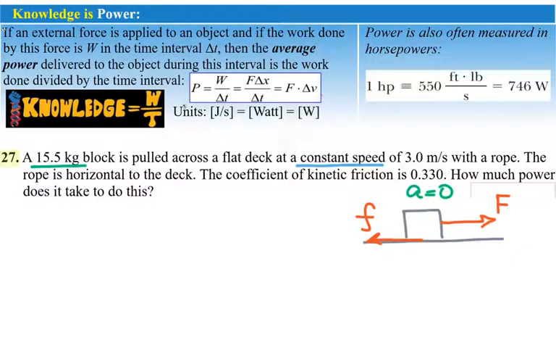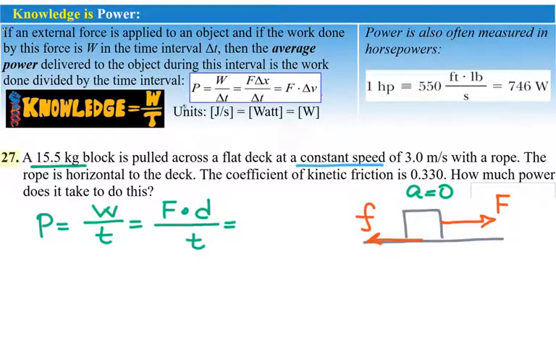So when they say how much power is required to do this work, I'm going to say the power is equal to the work over the time, the force times the distance that will be pulled over the time.